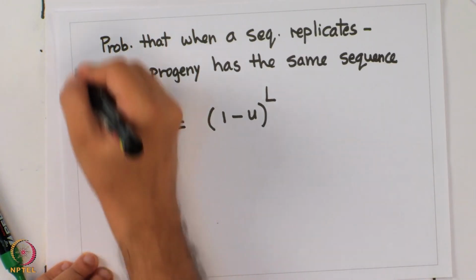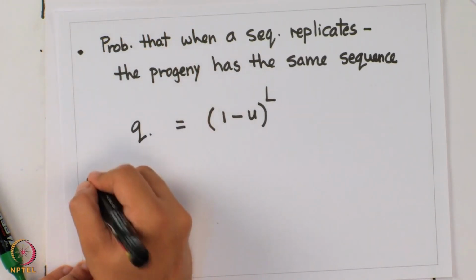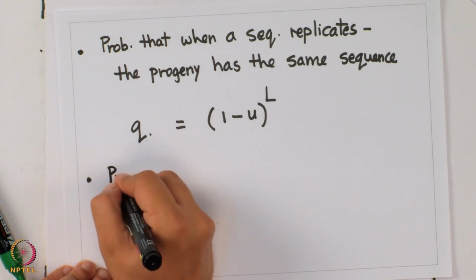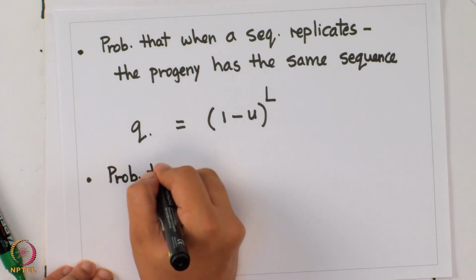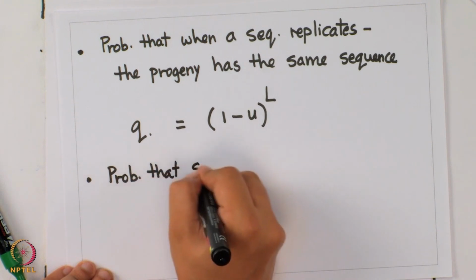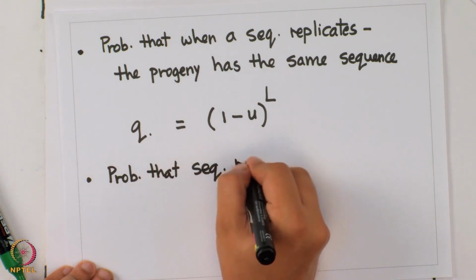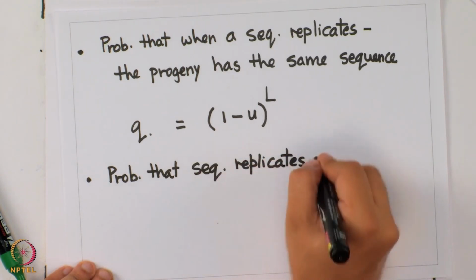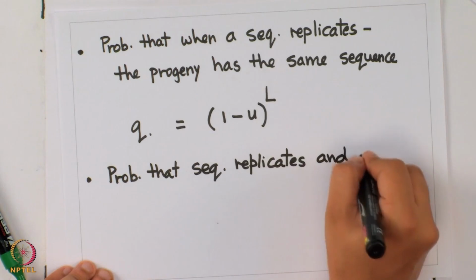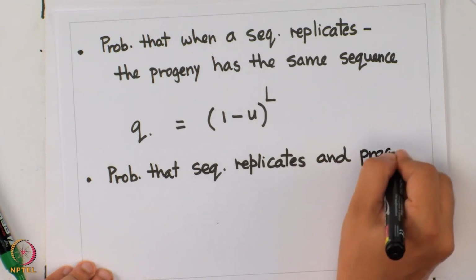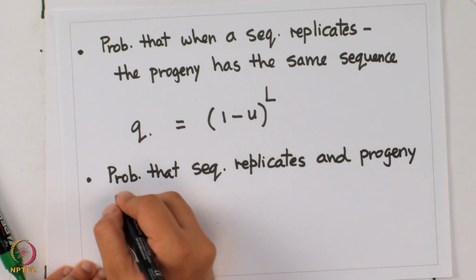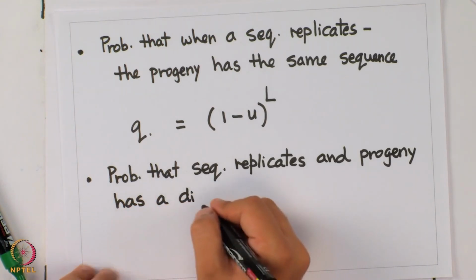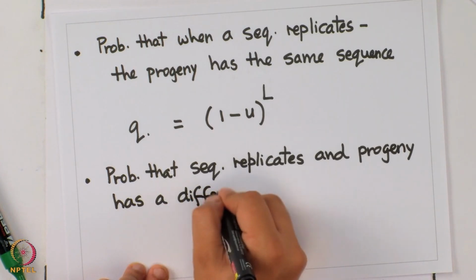The second quantity that we are interested in is what is the probability that a sequence replicates and the progeny has a different sequence.